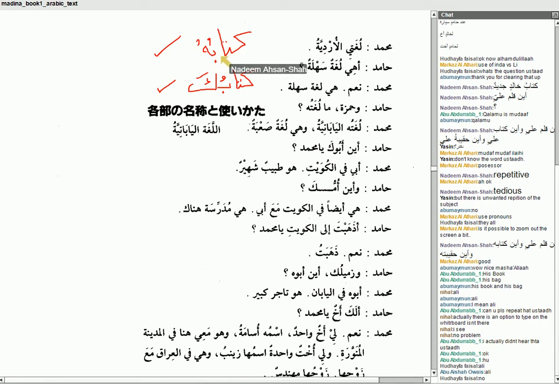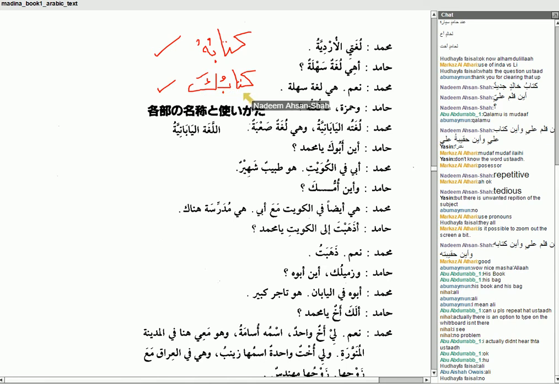Because don't forget, it belongs to. Mudaf means belonging to. Mudafun wa mudafun ilayhi, the possessed and the possessor. Okay? So kitabuhu, his book, the book belonging to him.